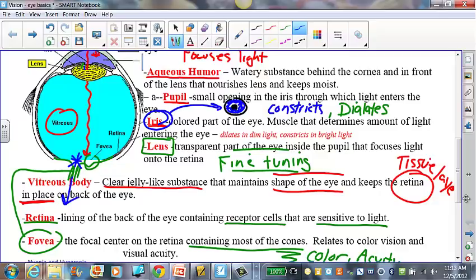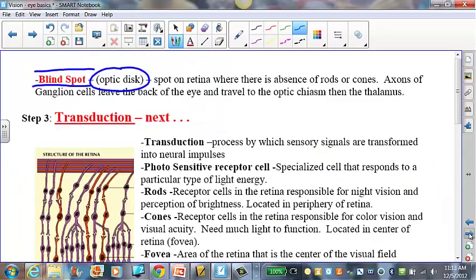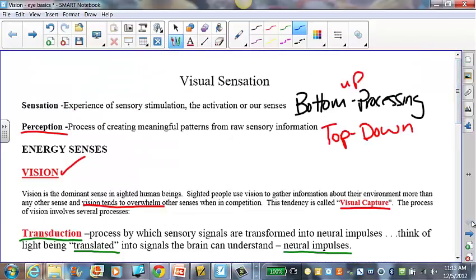And in that spot, there are no photosensitive cells. That means we do have literally a blind spot in each eye where we don't have any photosensitive cells, but we'll talk about that a little bit later on, why we don't actually see a blind spot in our eye. So those are the parts of the eye that help in transduction.